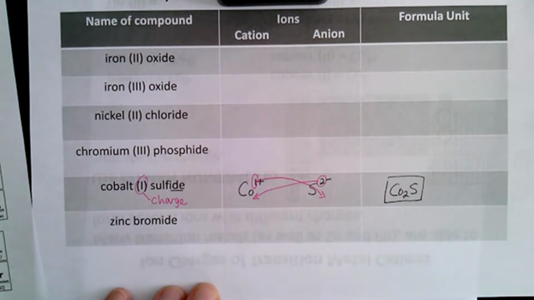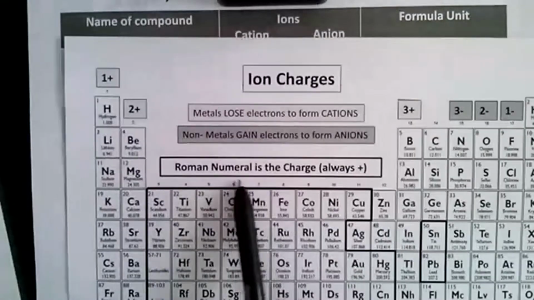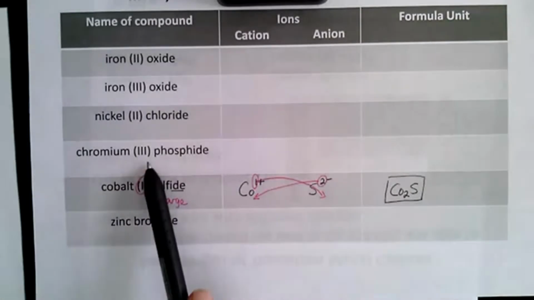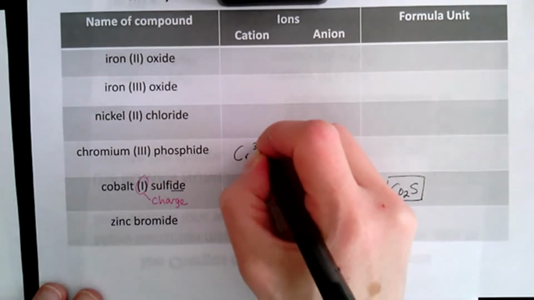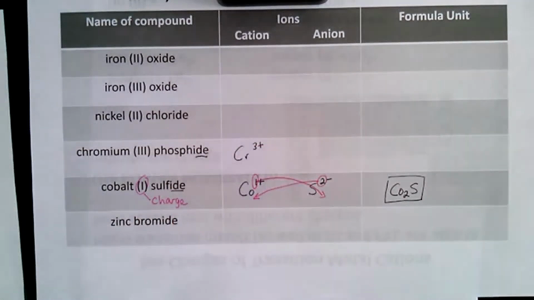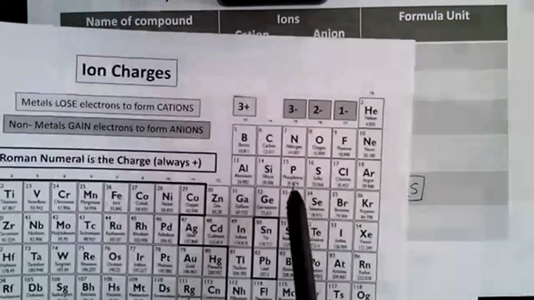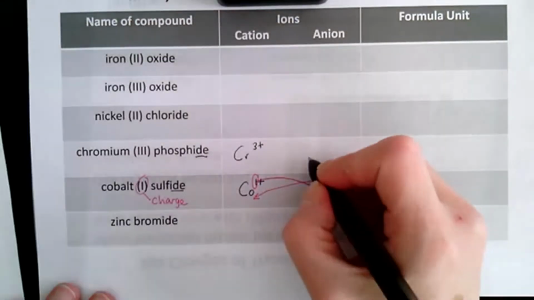All right. Let's try chromium(III) phosphide. Again, chromium, no charge on its column, so a Roman numeral is provided for us. Cr3+, phosphide, phosphorus. Phosphorus has a 3-.